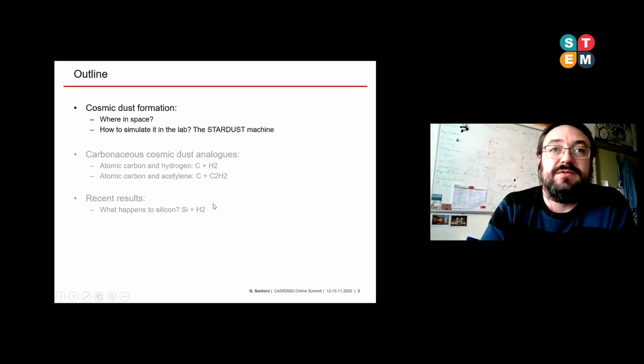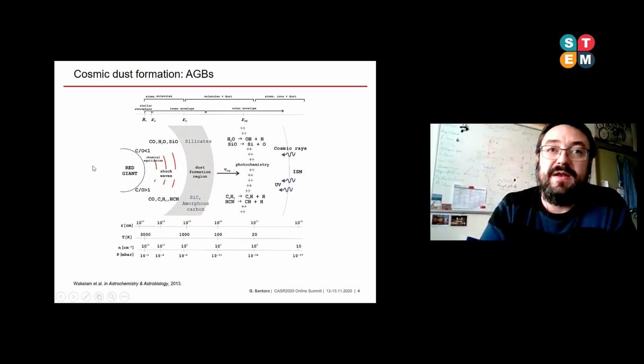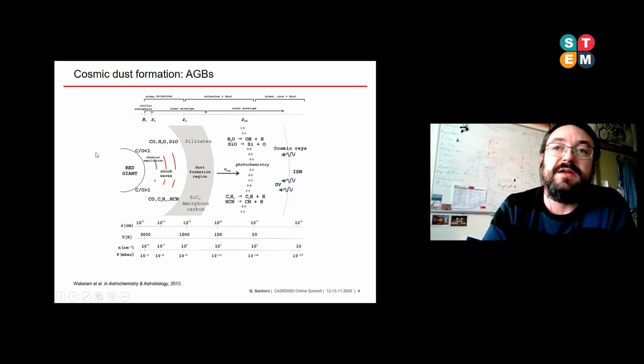So let's go. Where is cosmic dust formed in space? Mainly, not only, but mainly, it is formed in red giants, in the so-called asymptotic giant branch stars. These stars start pulsating and emitting atomic elements heavier than helium, such as carbon and oxygen.